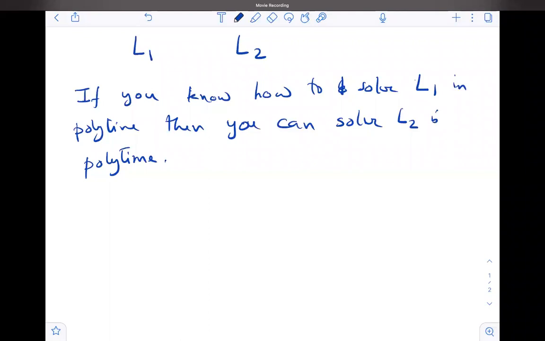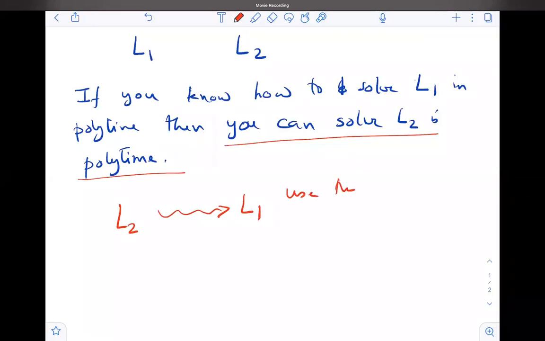Exactly. No, not L1 as a corollary. See here, how will you solve this? In this case, it is not L1 which is the corollary of L2. L2 is the corollary. Because you have been given L2, you change it to some other problem, you change it to L1, and then you use the algorithm to solve L1.